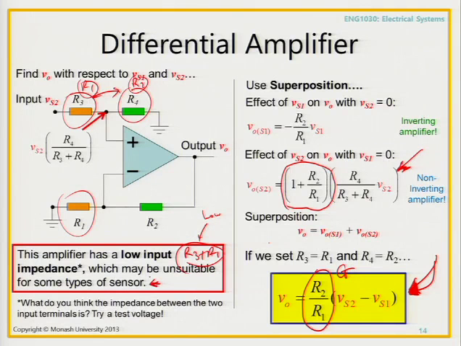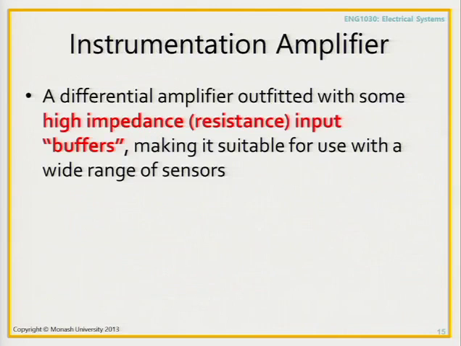I won't go into what kinds of sensors, but some sensors don't like it when I put low input impedances on them. So the way to get around that, and I'm not sure that I've explained so that you understand what the problem is before giving you the solution, but the way to get around this, and we will go into it next lecture, is that we put some high impedance buffers on the inputs of that differential amplifier.